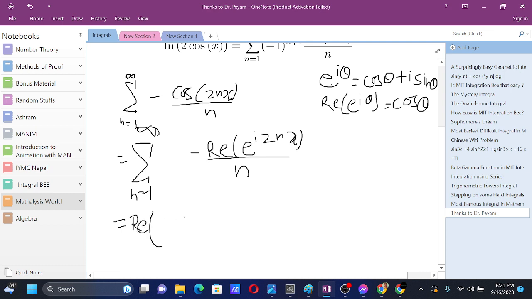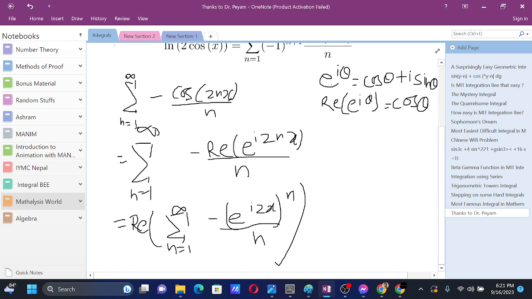So this will be the real part of the summation from n equals 1 to infinity of minus e to the power i 2x to the power n by n.